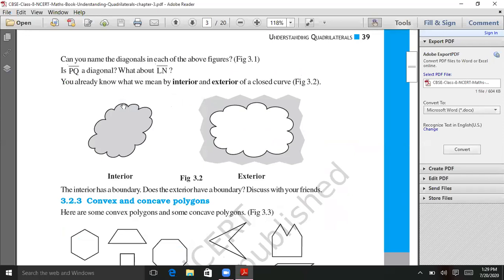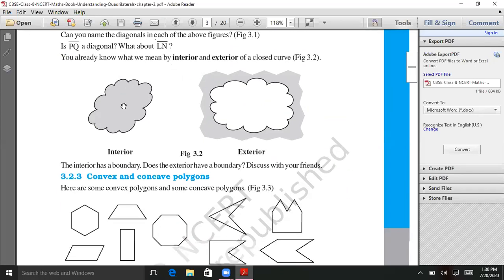We always talk about interior and exterior in closed figure. If the figure is not closed, then we can't say about it. और एक साथ में boundary भी है, that is different. Interior is different, exterior is different, and boundary is different, right?